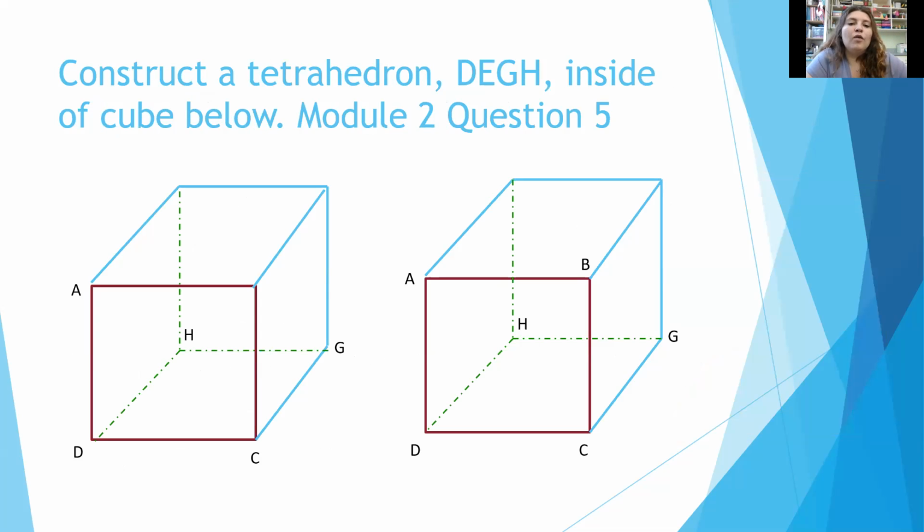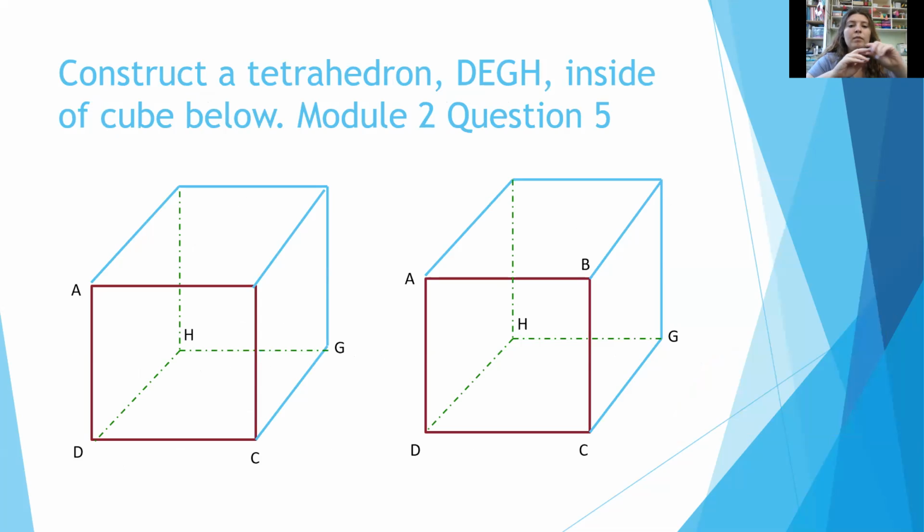All right. So our fun next thing here is we are going to look at this cube, and DEGH is our cube name here. And inside of it, we want to put a tetrahedron, which is kind of like a pyramid, pretty much. It's going to have that square base, but then it's going to have 4 triangular sides.